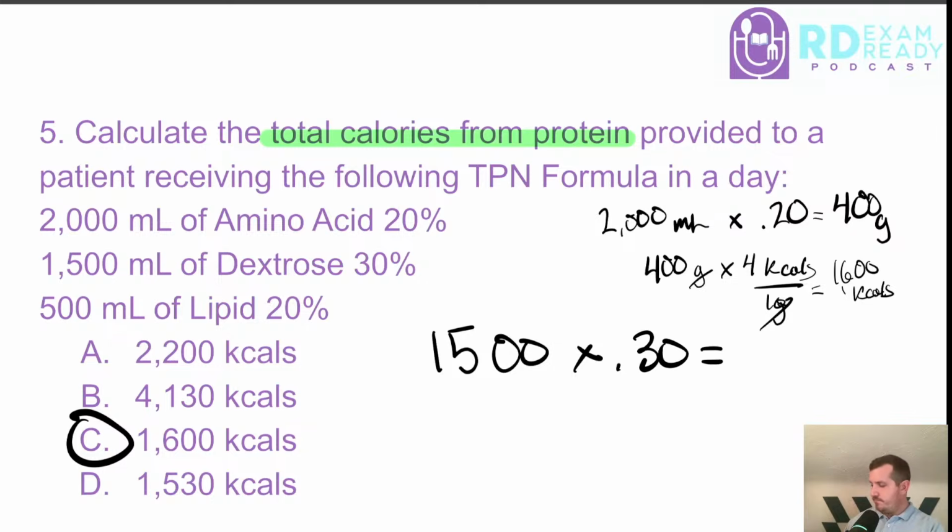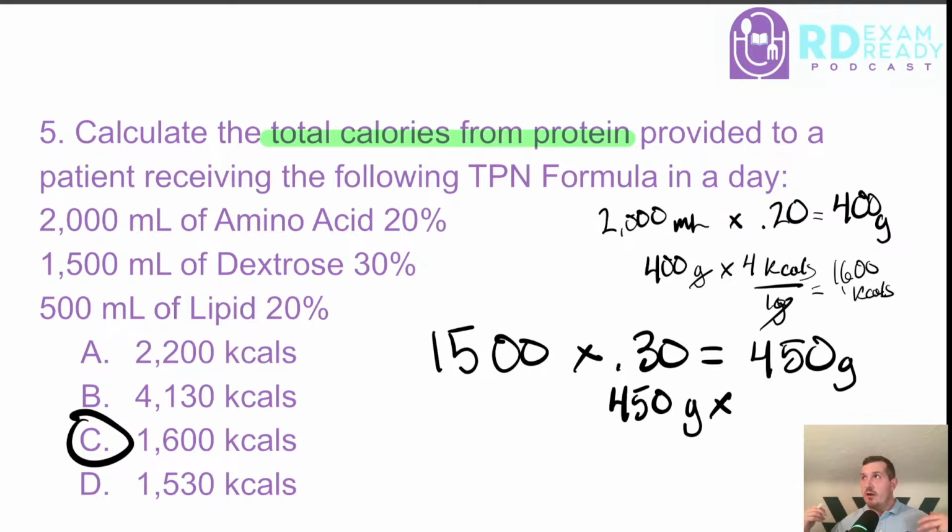What did we get? When we did 1500 times 0.30, we ended up with 450 grams. So 450 grams of dextrose is what's being provided. Thank you for doing this already in the chat. We're going to multiply 450 grams by how many calories per gram of dextrose, which surely would be 4, right?